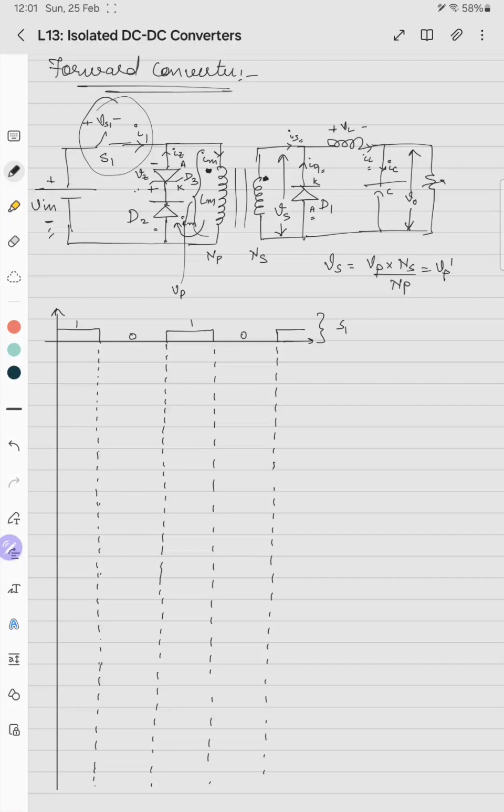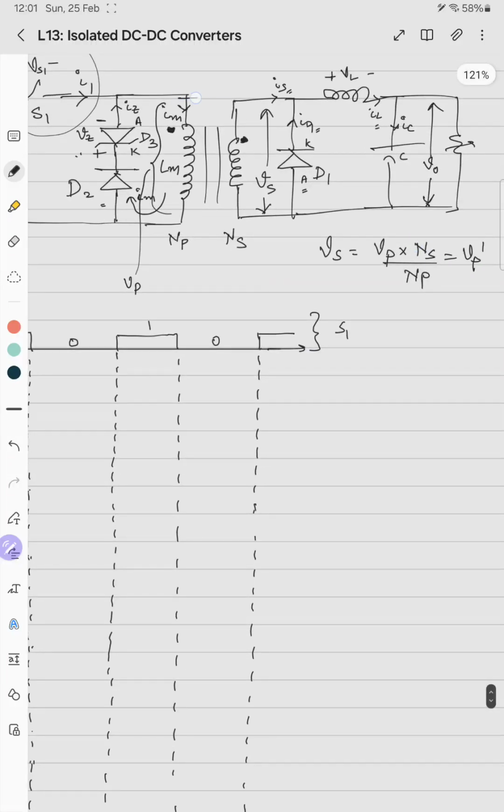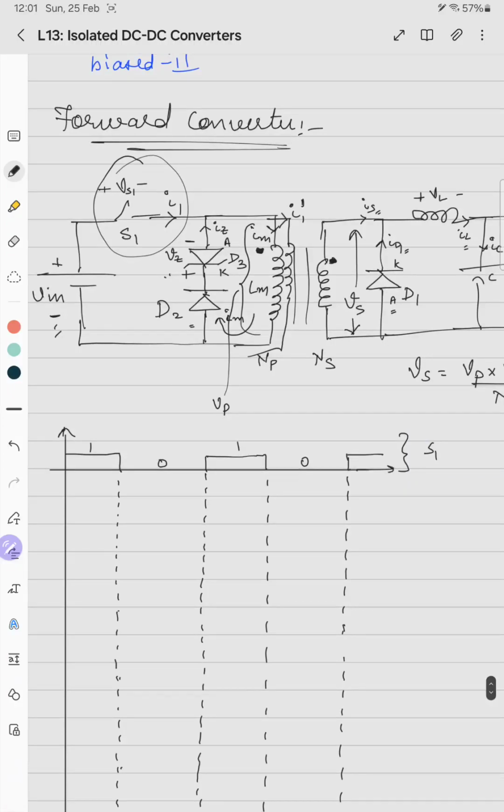We start with the circuit components from the primary side. Vin is done, then we'll draw VS1 and IS1 or IL. This IM is there, and I forgot to draw one more section here. So this is I1 dash. Here I1 will be equal to minus IZ plus I1 dash.